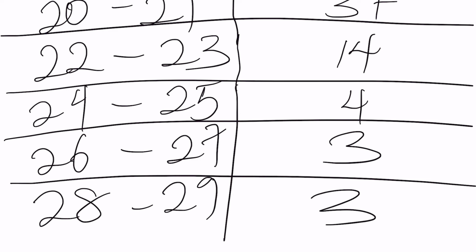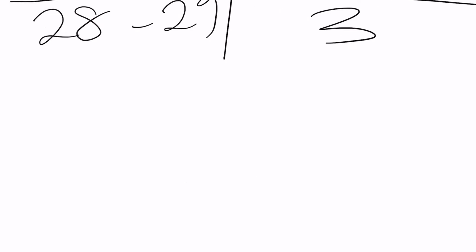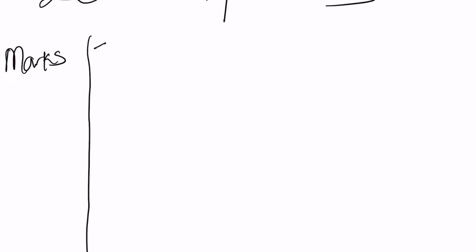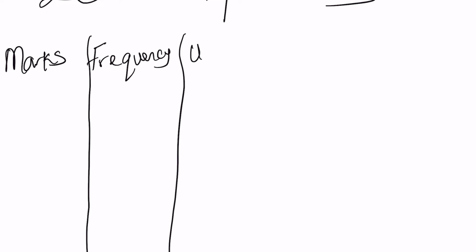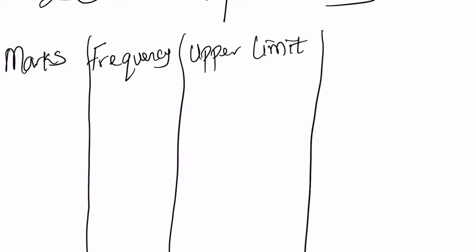So now we have to construct a cumulative curve from the table. First things first, here we have marks, frequency, the upper limits, and the cumulative frequency.